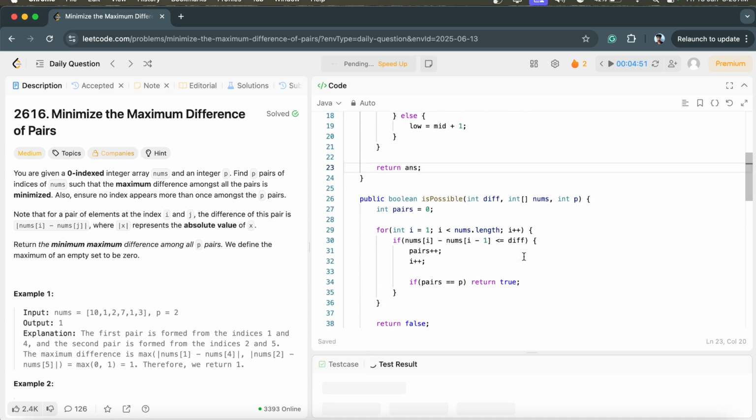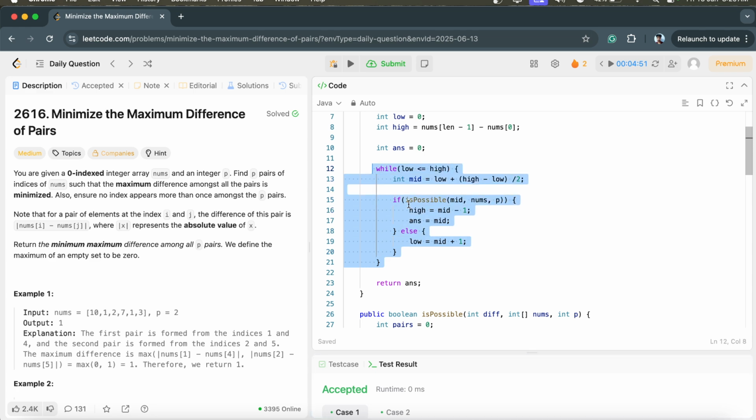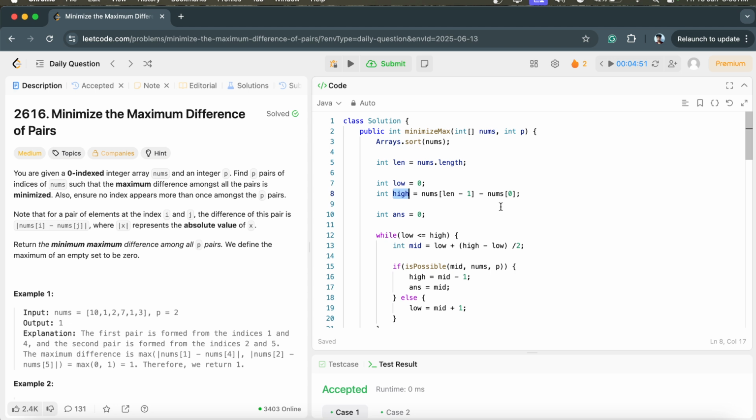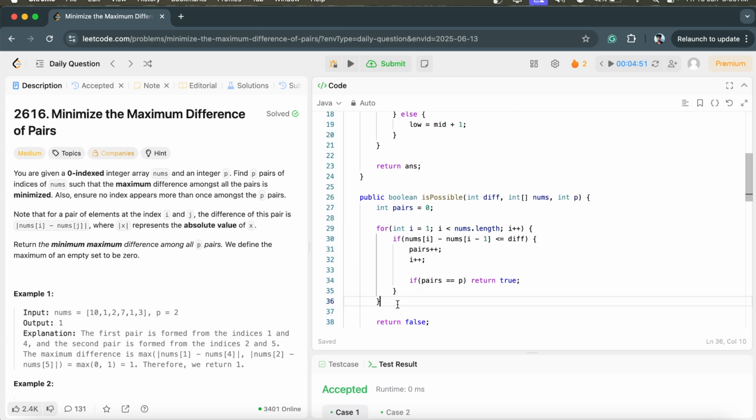Talking about the time complexity, this binary search will take log of high minus low. If the high value from the array is m, then log of m is the time complexity. The isPossible function runs through the for loop till the end, so if length is n, it is n.